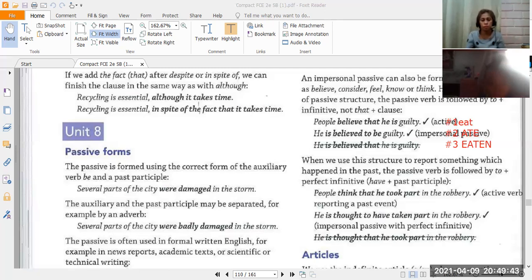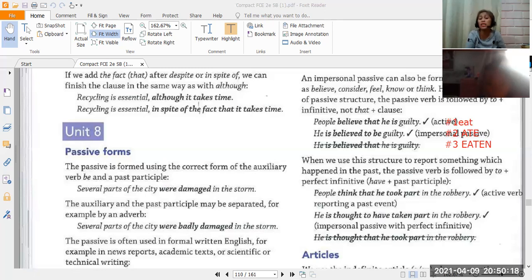These exceptions are important. So you cannot use an article with the name of a person. Like I will say "a Keo" or "an Keo", no, we cannot use that. We cannot even use the definite article with lakes, except if it is plural, like the Great Lakes, the Galapagos Islands.